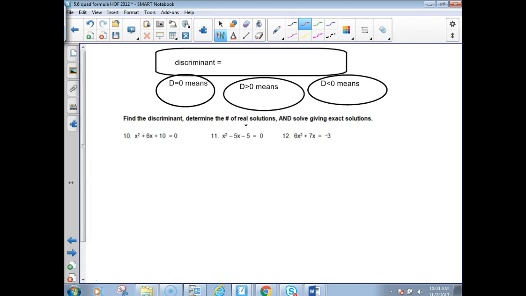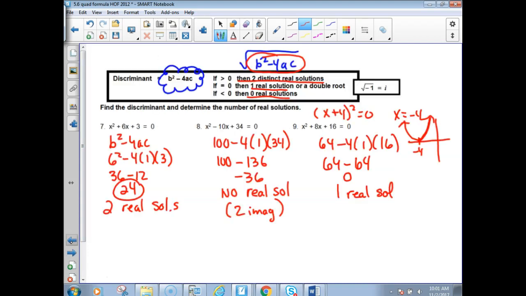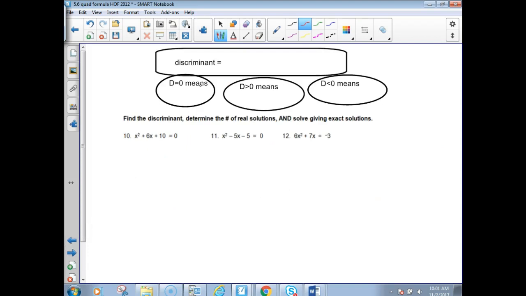Okay, so these aren't the same problems, are they? No. It's just more of them. Okay. So equals 0 means 1 real. Greater than 0 means 2 real. Less than 0 means no real or 2 imaginary.